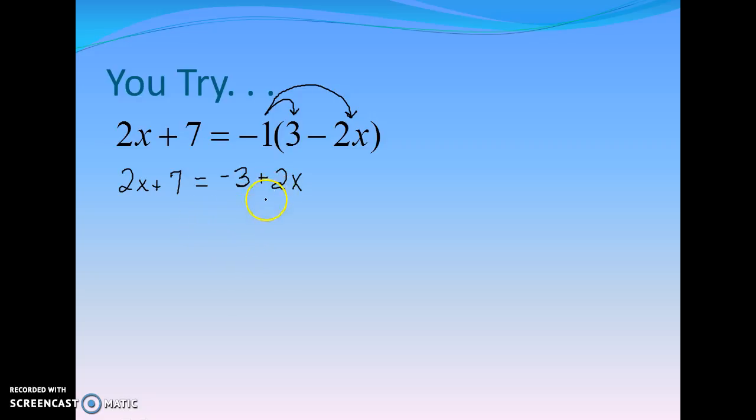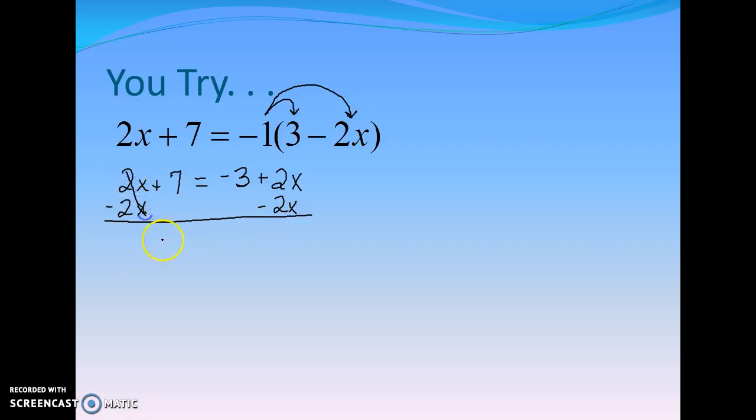Now, once again, I have variables on both sides of the equal sign. I usually take these from the left and try to move them over to the right. I'm sorry, other way around. These on the right over to the left. So on the right side, I have a positive 2x. I need to get rid of that by using a negative. So negative 2x on both sides.